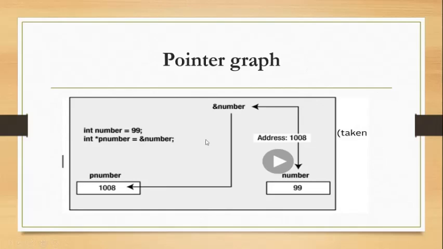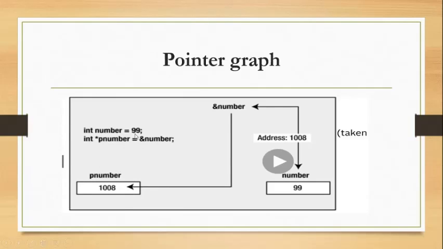Here is a simple graph. There is a variable called number, and the number's value is 99, and it has an address which is 1008. Ampersand number is nothing but the address. 1008 equals ampersand number, and when we do p number equals ampersand number, p number stores 1008.